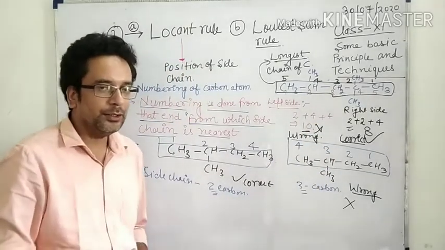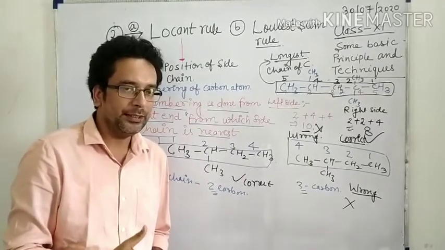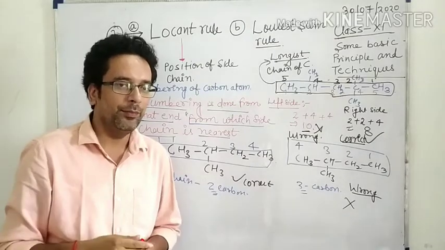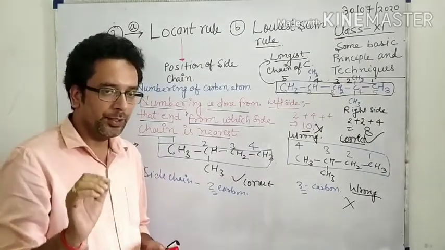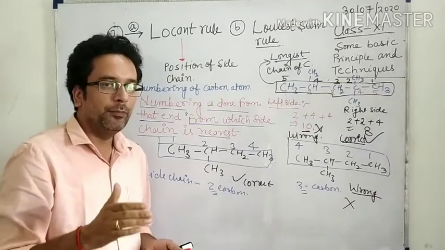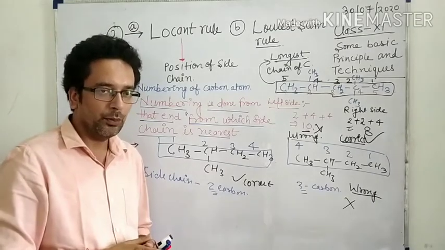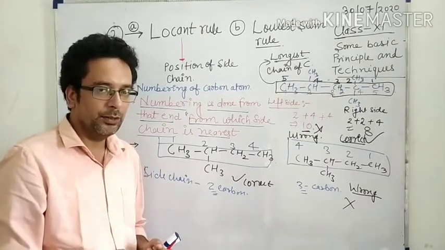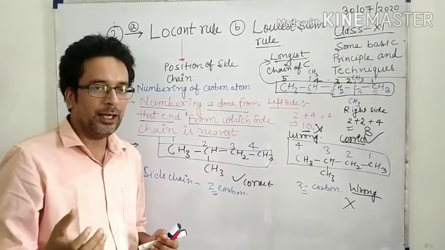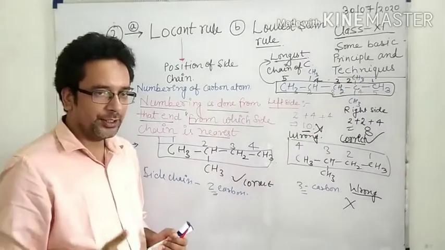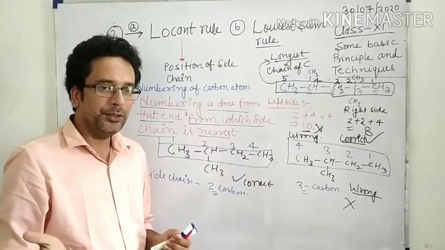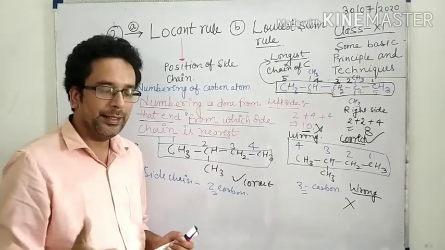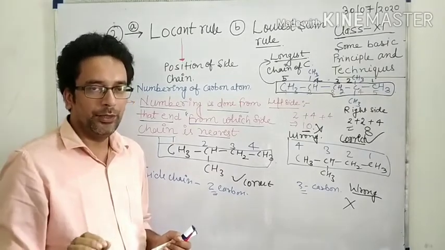If more than 2 substituents are present on different carbons, then how would you give the number? First you give the number and add the position of the side chain. If from the left side you add the positions of the side chains and it comes to 10, and from the right side it comes to 8, you prefer the lowest value.